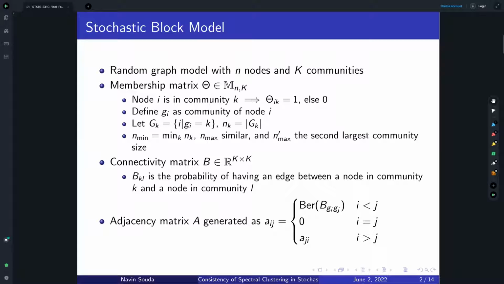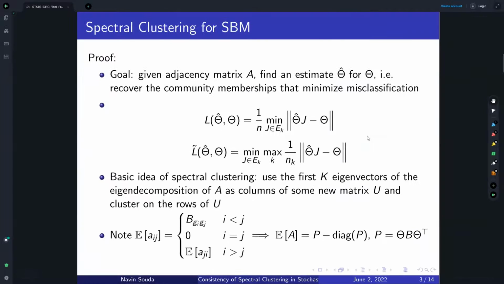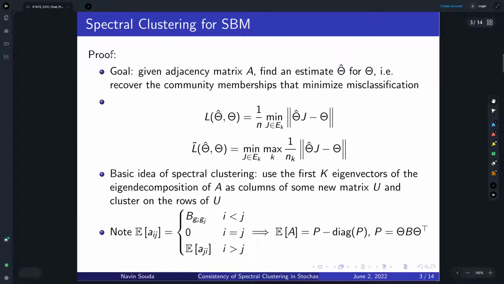And then we want to determine from that what these communities are. We can ignore that thing that says proof, but the goal is that given an adjacency matrix A, we want to find an estimate theta hat for our true membership matrix theta, which means that we want to recover the community memberships that minimize the misclassification error.